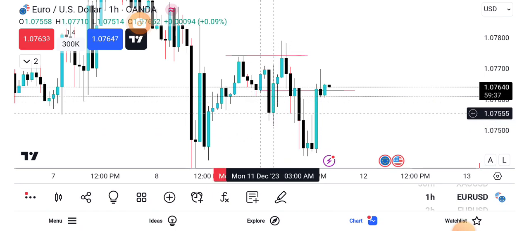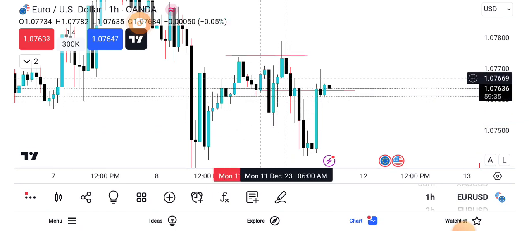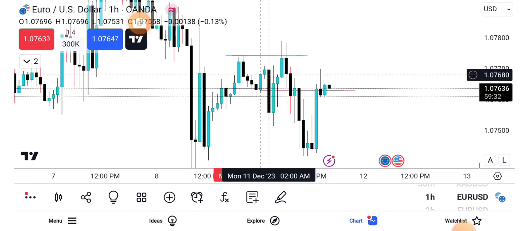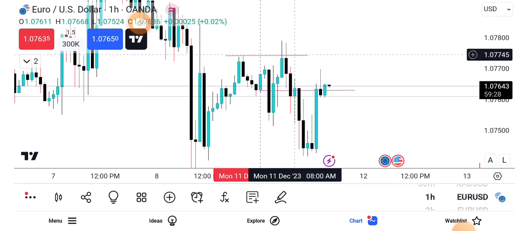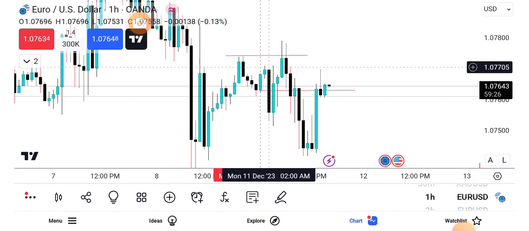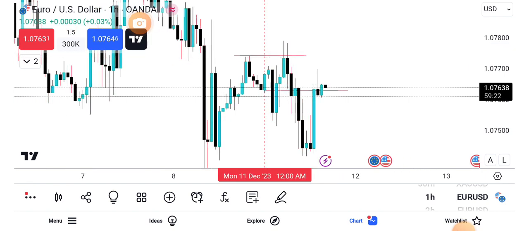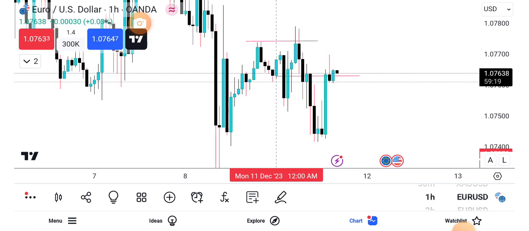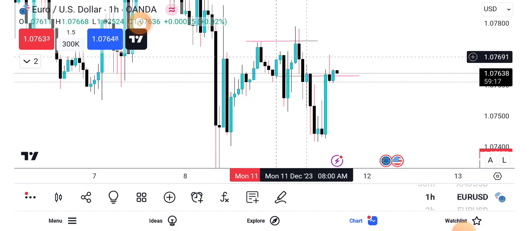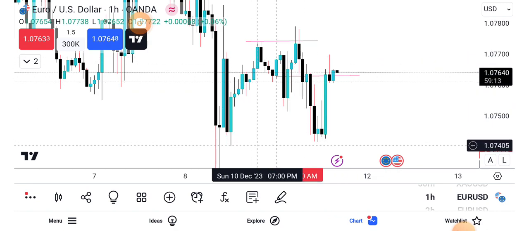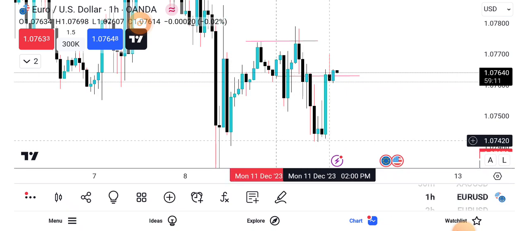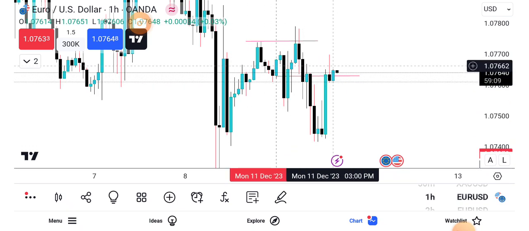Then during the London session, we had this retracement higher, came and cleared this buy side liquidity. Then we had this retracement lower, cleared these lows, but created relatively equal lows here, then rallied higher.